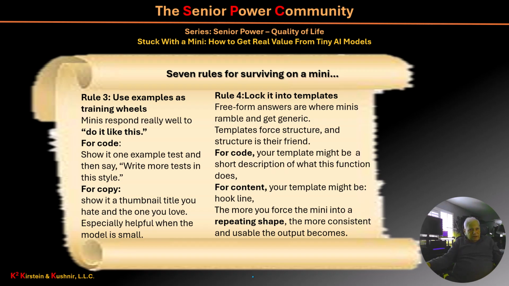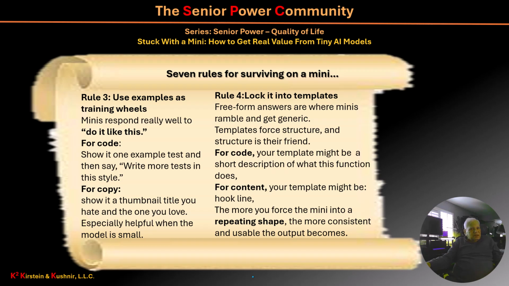Then your prompt is, given what the user just told you, fill out this template with bullet points only. Don't add extra sections and don't write long paragraphs. For code, your template might be a short description of what this function does, example usage, and 3 tests.